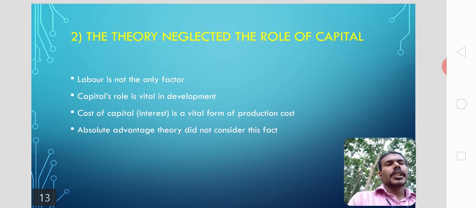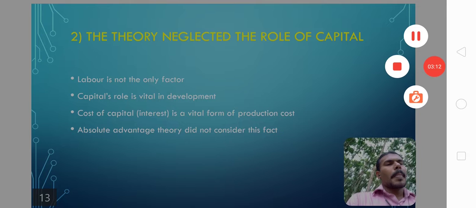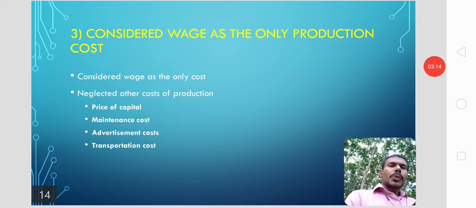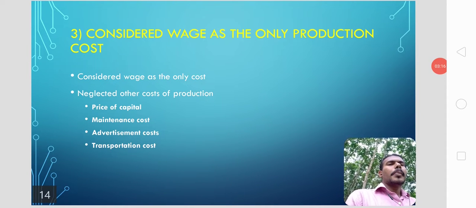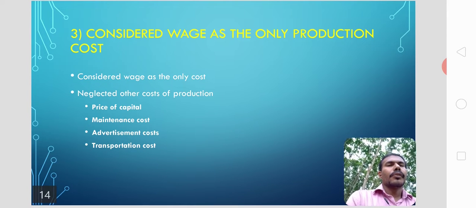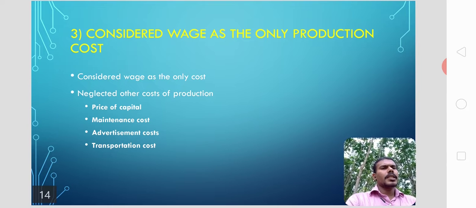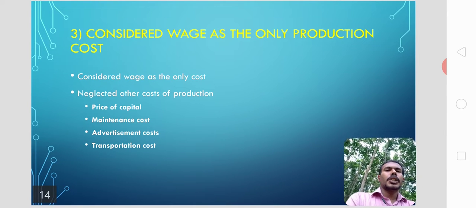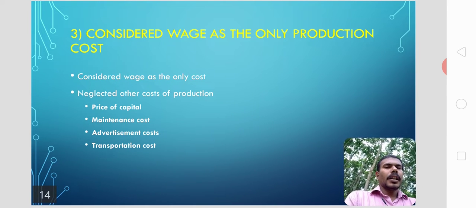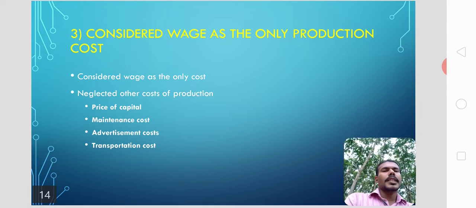Absolute advantage theory did not consider this fact. Since according to classicals labor is the only factor of production, wage is the only cost of production, but this is also not true in the present day situation. Cost of capital is there, and it has been neglected by the classicals.